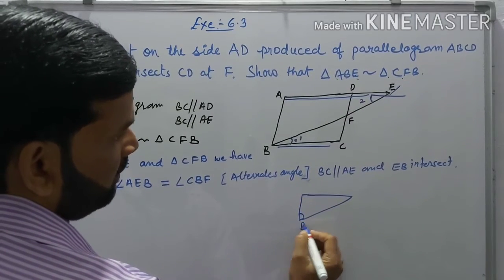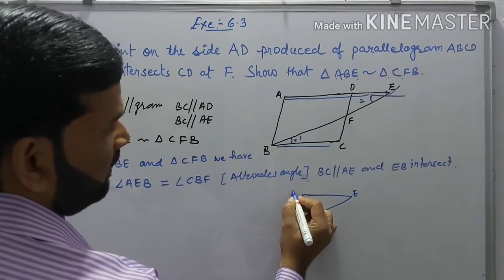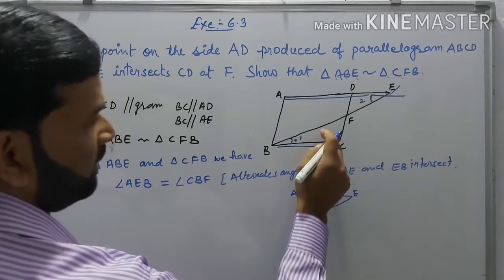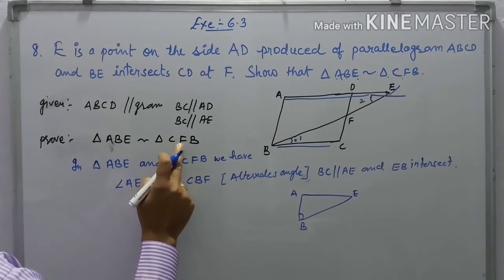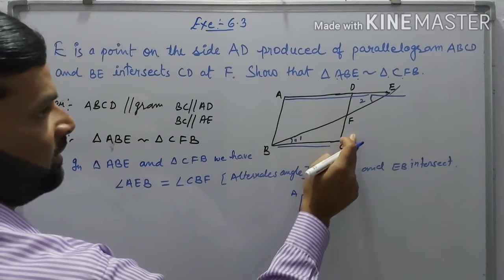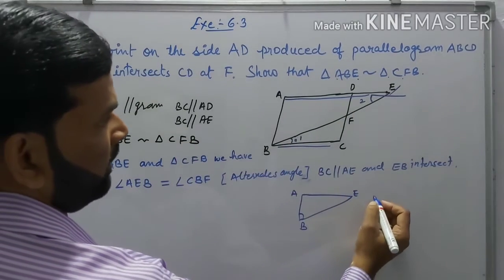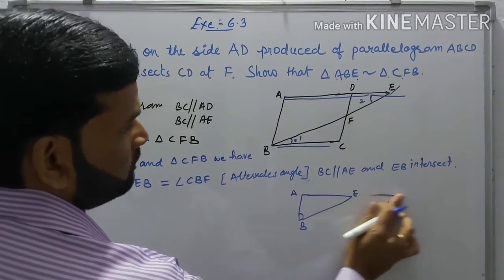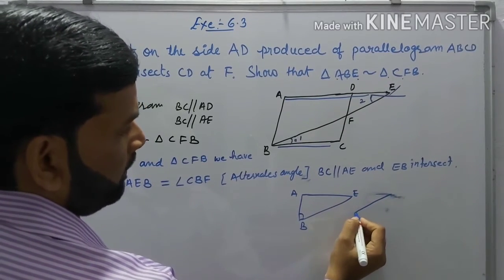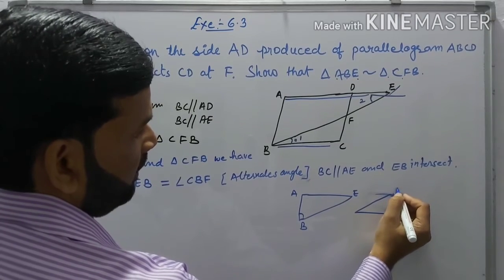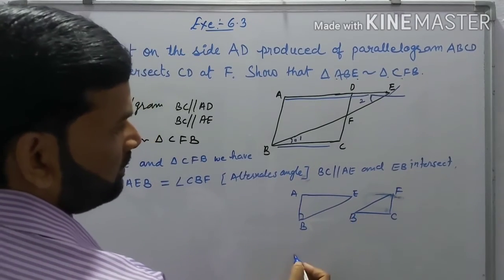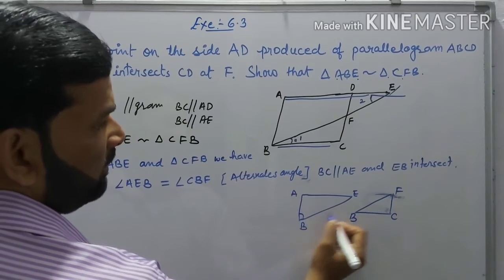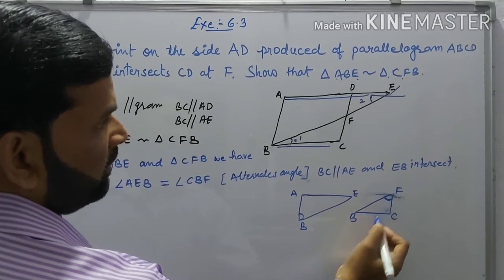It is B, it is E, and it is A, and the triangle CFB.